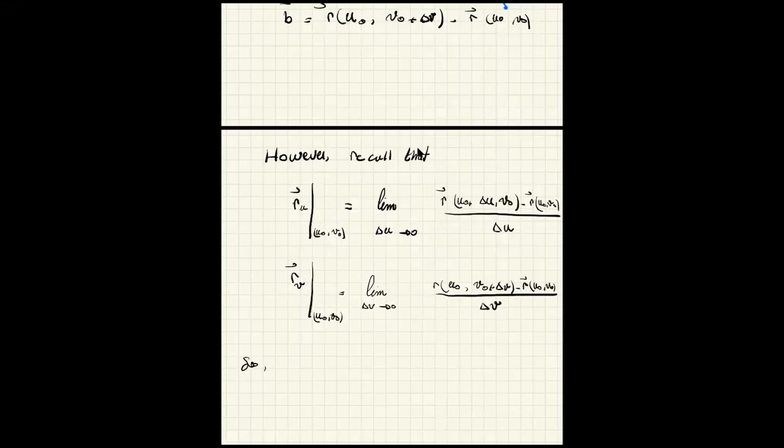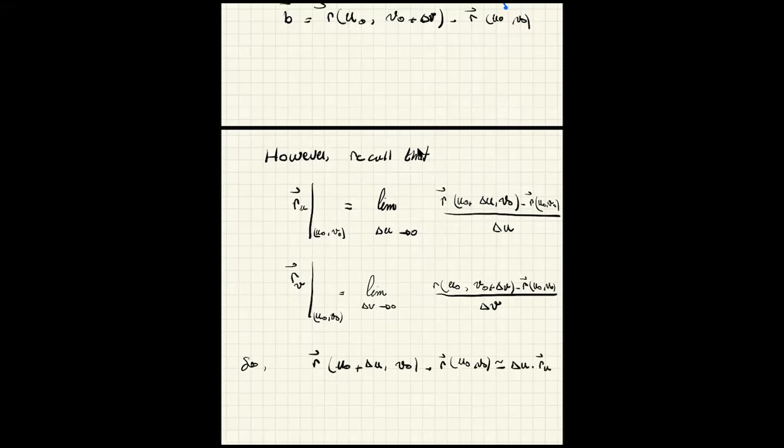So when delta u and delta v are very small, which means that the rectangle S is very small, it means that r of u0 plus delta u, v0, minus r of u0, v0 is approximately given by delta u times r_u.